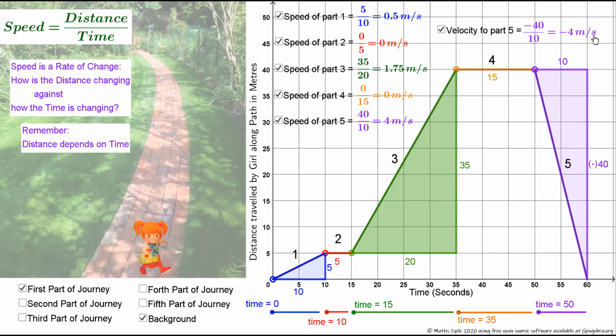So you can see it's still the same speed, 4 meters per second, but what the minus tells me is the direction that she's traveling for this speed. So it's telling me she's going 4 meters per second, but she's going back on herself. She's going back home. Okay, so you can see that for the return journey, you can look at it as speed or as velocity. And I just wanted to highlight that to you because there's a huge relationship between slope and speed. And you can see that's how you can make the relationship.